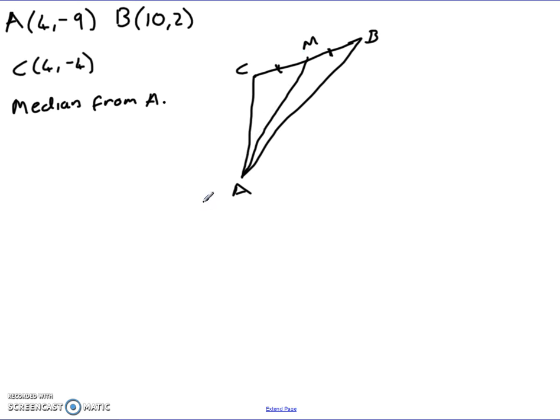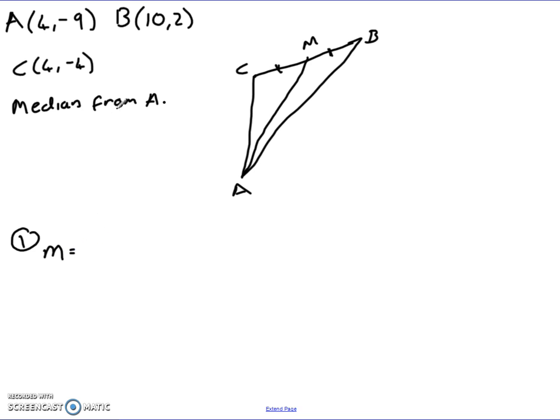Well, when we're doing something like this, there's a few things we have to do. Our first step, step number one for all of this, is we actually need to calculate the midpoint M. Now to do that, we have to think of our midpoint formula. Remember we did that a couple of videos ago.